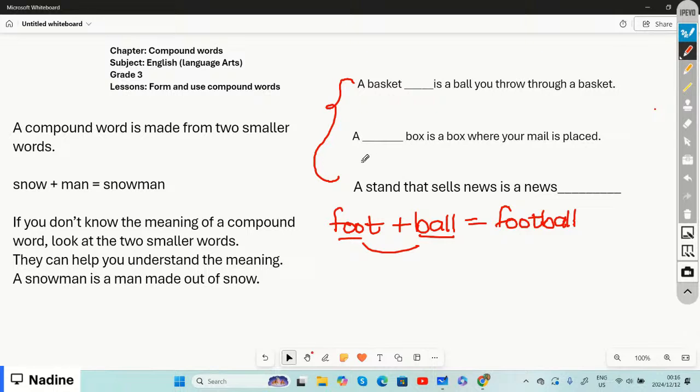And if we look at a few words, let's say, for example, we have table and spoon.